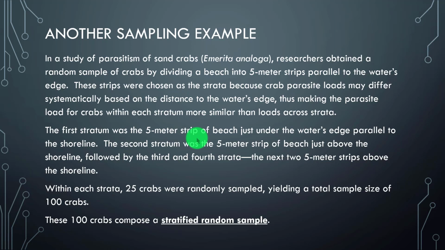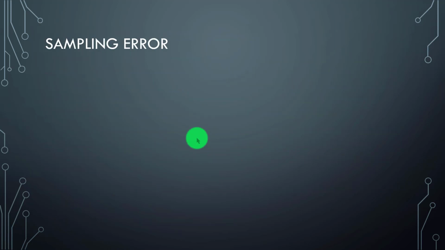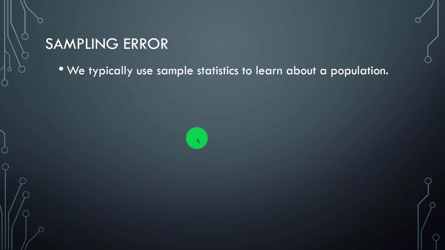Let's talk about now issues with sampling. Because sampling is our go-to method to learn about populations without actually selecting an entire population, because we know there are limitations to that.